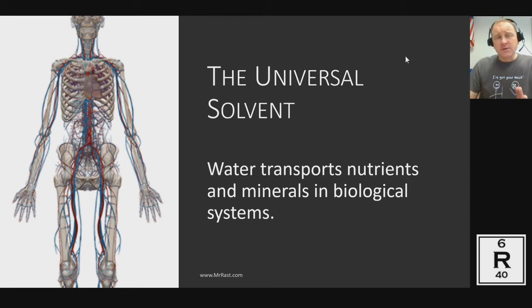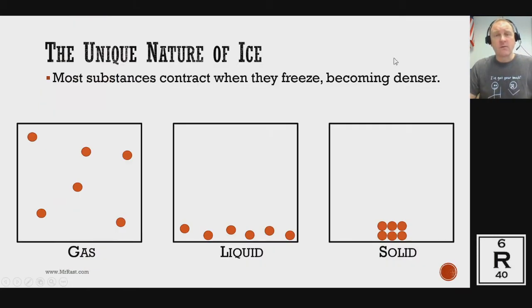To recap so far, one of the important properties of water is that it is a universal solvent. Why? What makes it a good solvent? It's because it's polar. The next thing we're going to talk about is the fact that water does something different than a lot of other substances when it goes from a liquid to a solid.